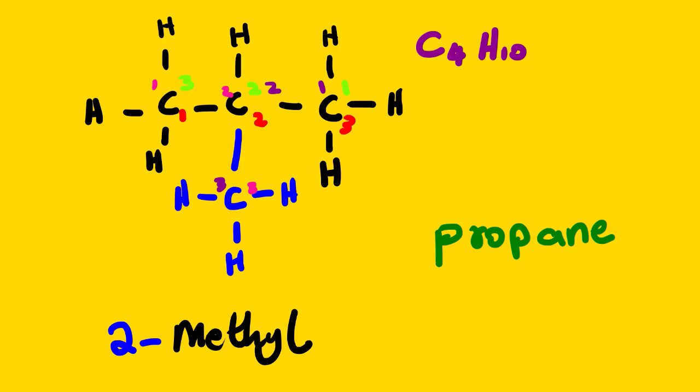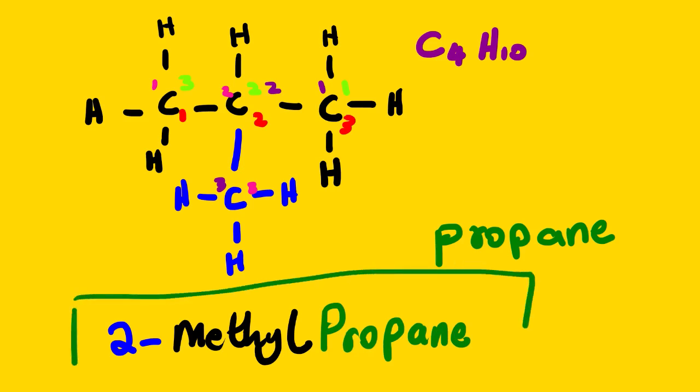Our methyl branch is on the second carbon. And then the longest chain is propane. So we have to join the 2. So our name will be 2-methylpropane. There's no space between the words. There's only a dash between numbers and words. So this is the name of this particular compound, 2-methylpropane.